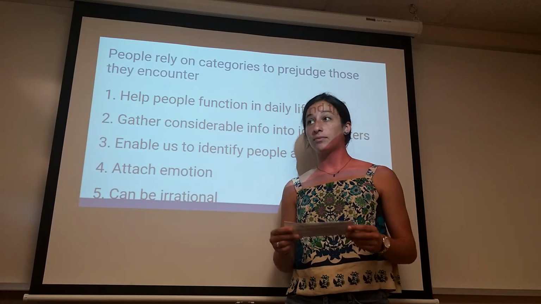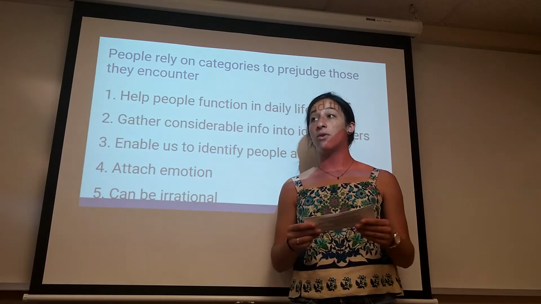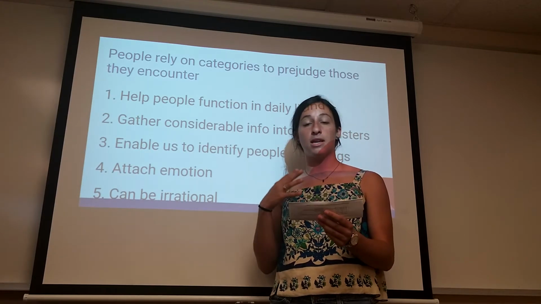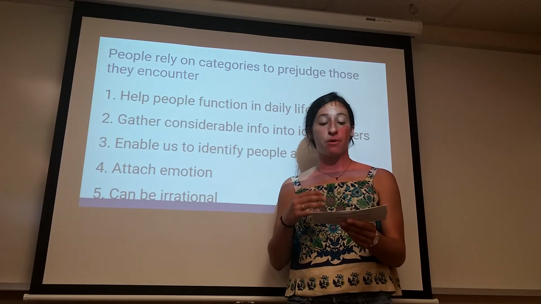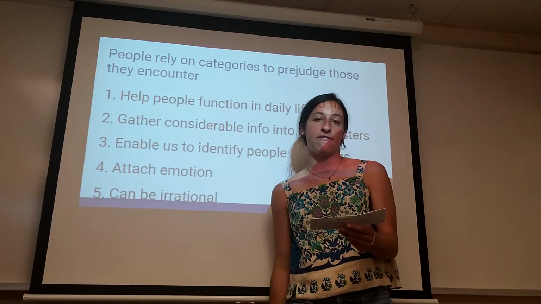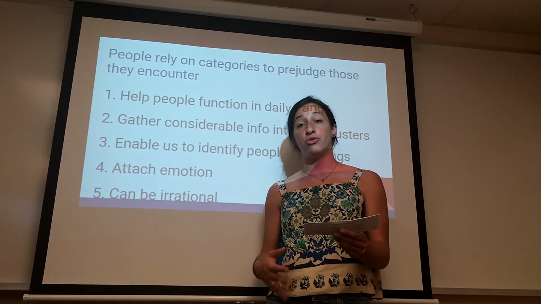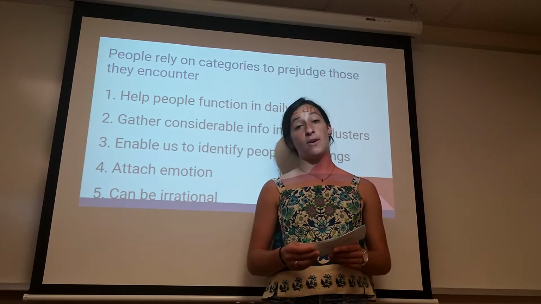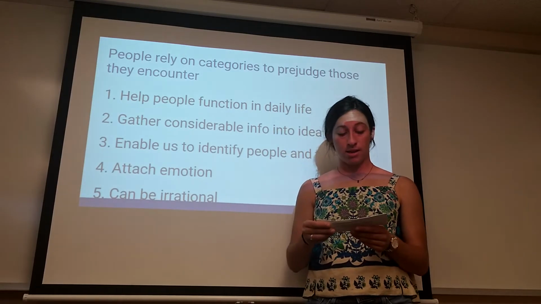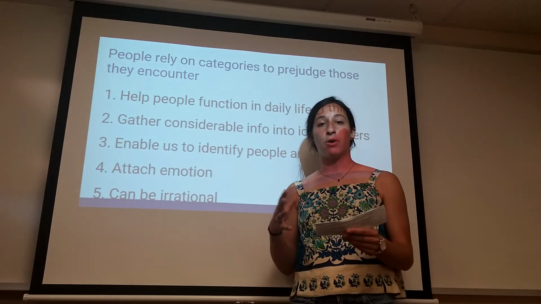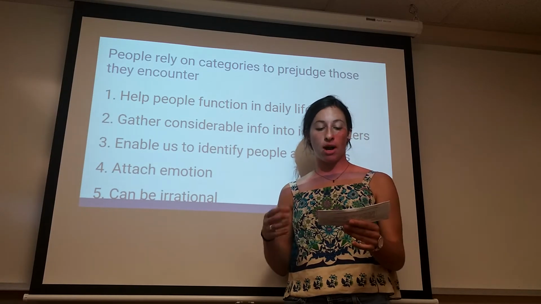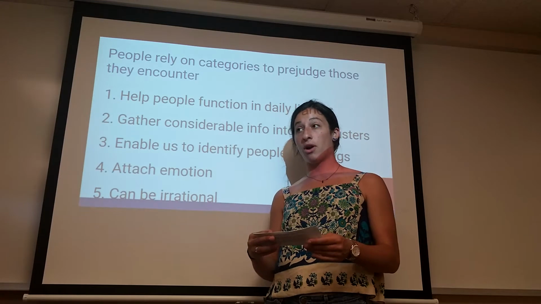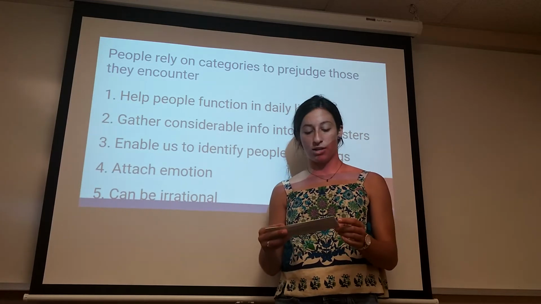The second, that categories gather considerable information into idea clusters, which helps because humans prefer to use as little effort as possible to judge and decide. Third, that categories enable us to identify people and things. So this helps people know what groups of people are for, and stereotyping can guide our perceptions with speed and accuracy. Fourth, categories attach emotion.